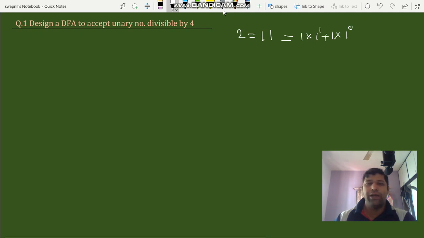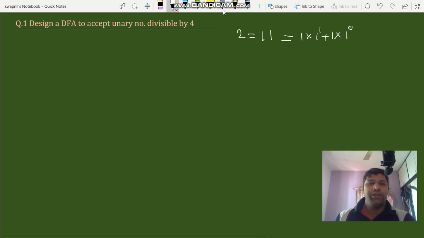As with a binary number, the base of a unary number is 1. So we'll treat it as 1 raised to 0 into 1 plus 1 raised to 1 into 1. It is represented by 1 1, and we convert it into a decimal in this manner. So this is regarding a unary number.